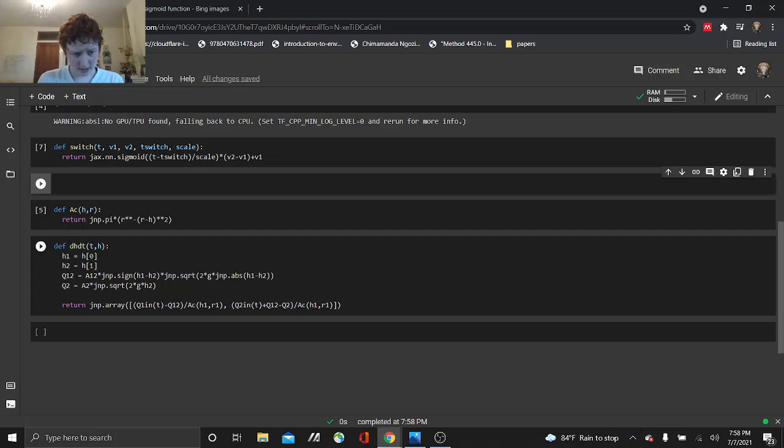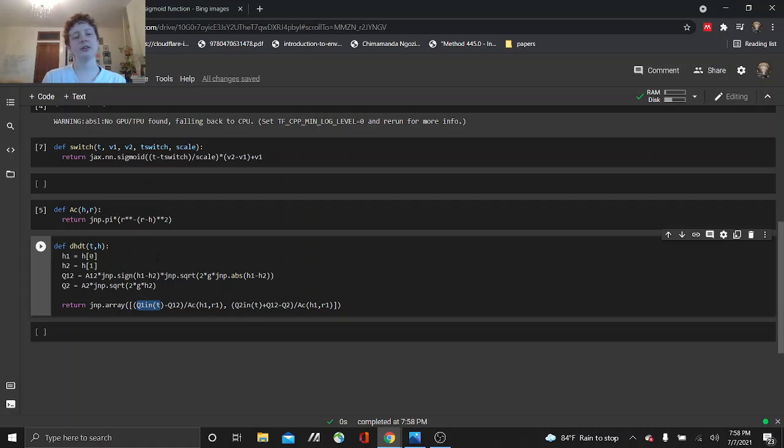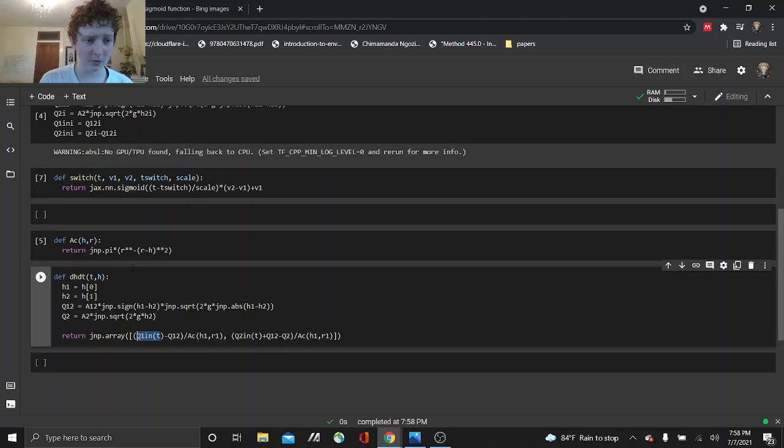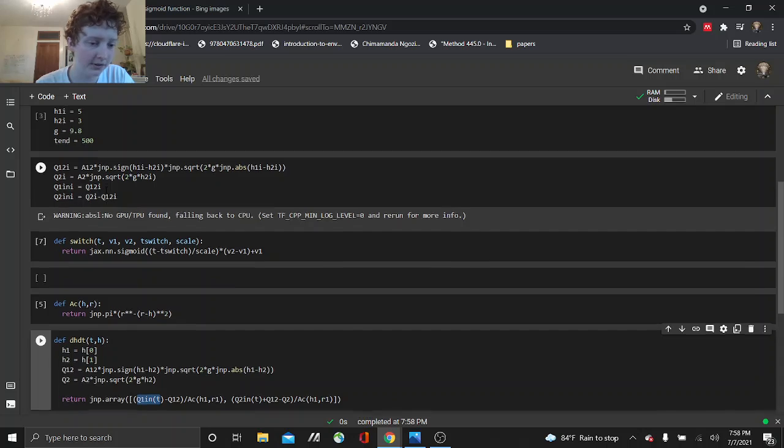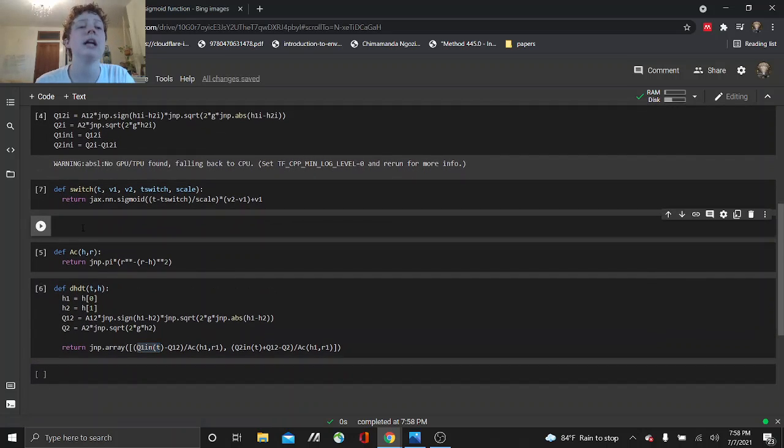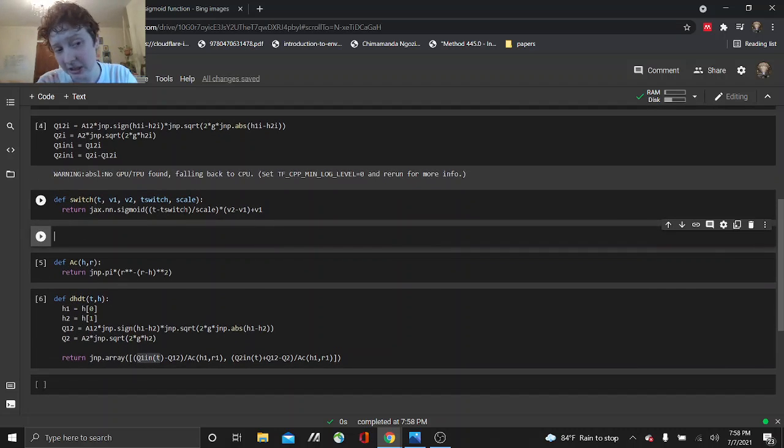What we have down here is the flow rate going in, but now we're going to take into account the time, because right here, Q1N initial is obviously the initial one, but we're altering that equation a little bit so we can account for different time changes, and we're doing that using the sigmoid function.